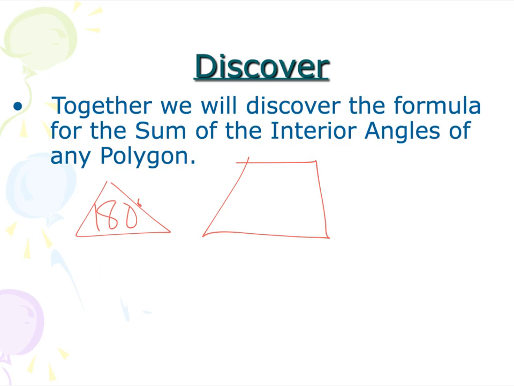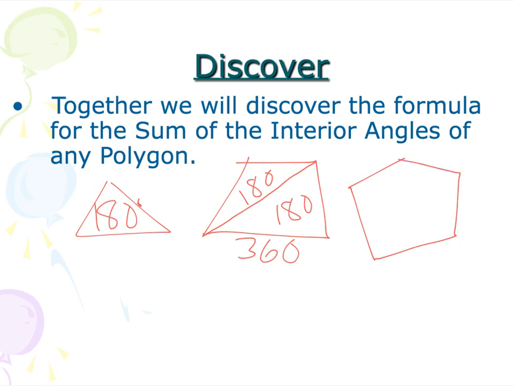Well, how many triangles can I divide this thing up into? And when I say dividing it up, I don't want you to intersect any of your diagonals that you put in there. Really, we're just dividing this thing up into 2 triangles in this case. Each one of these being 180 degrees, which gives us a total of 360. Woo! What if we had a 5-sided polygon? How many triangles then?